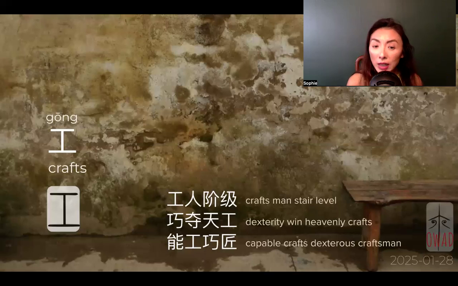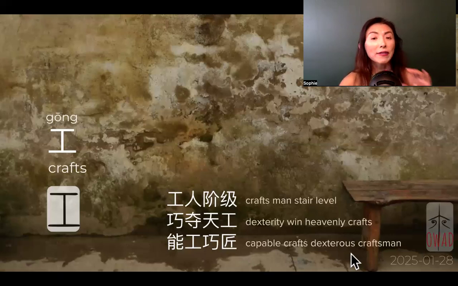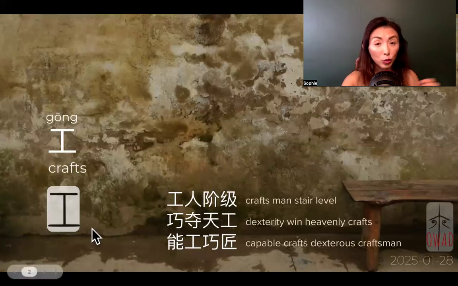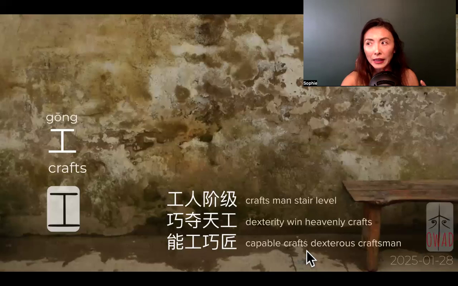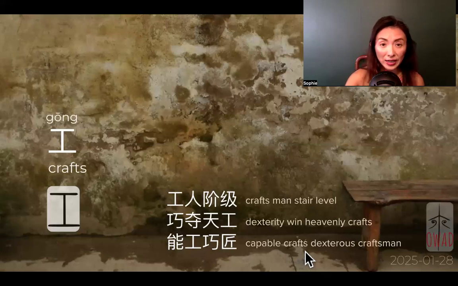Okay, 能工巧匠. So 工 and 匠, translated as craftsman, but 匠 is definitely craftsman, people who actually use crafts. And 工, I guess in the ancient world, was this tool to make perpendicular angles, but in today's lingo, it's more like civil engineering.